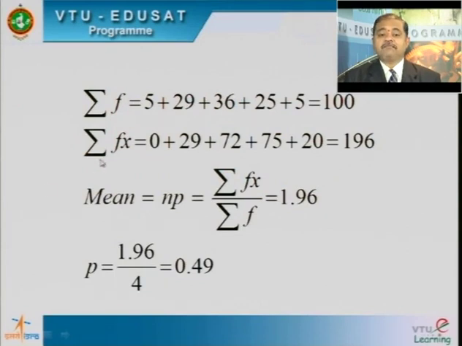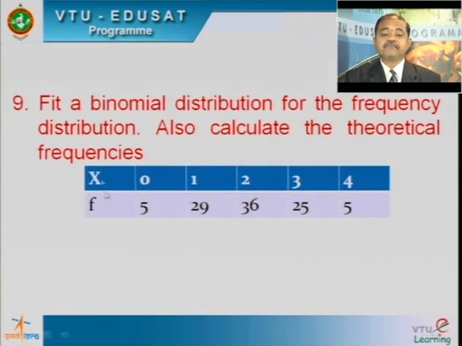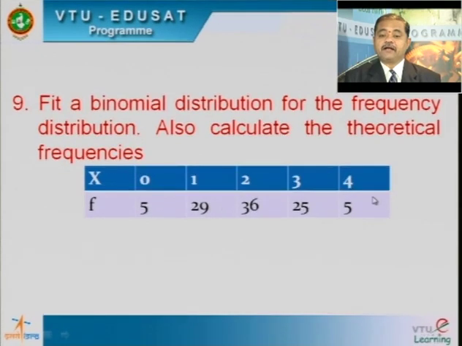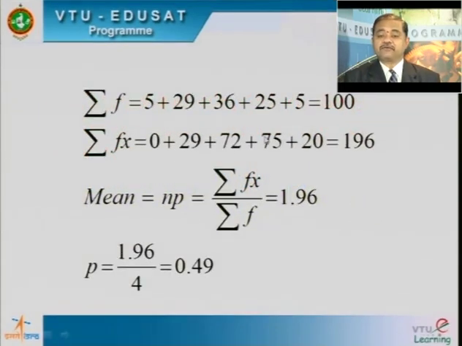Another one, sigma fx, that means multiply these two values: 0 into 5, 0; 29 into 1, 29; like that, until 4 into 5, 20. Multiply those values, you will get 0, 29, 72, 75 and 20, total is 196.